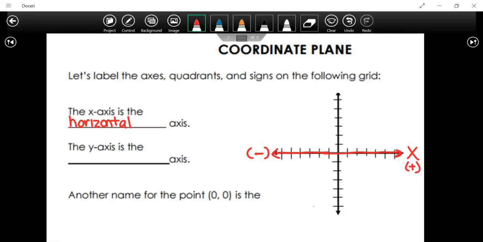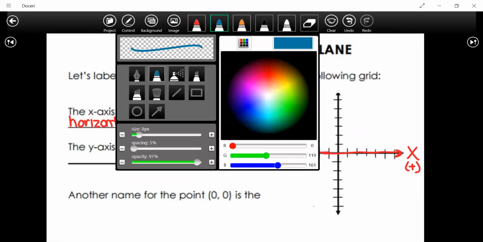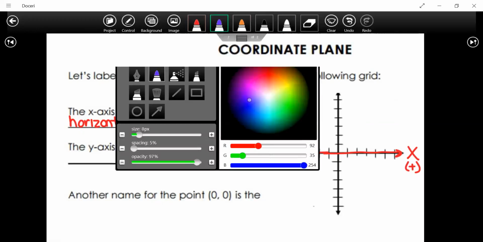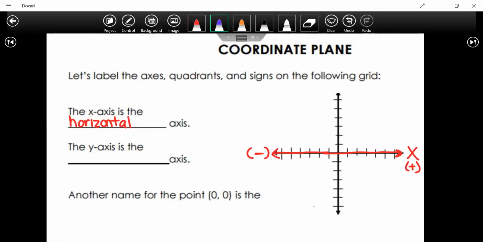The next one that we're going to look at is our y-axis. The y-axis is the vertical. Most people, if they're on high rises, they get vertigo. You get super dizzy, like whoa, vertical.